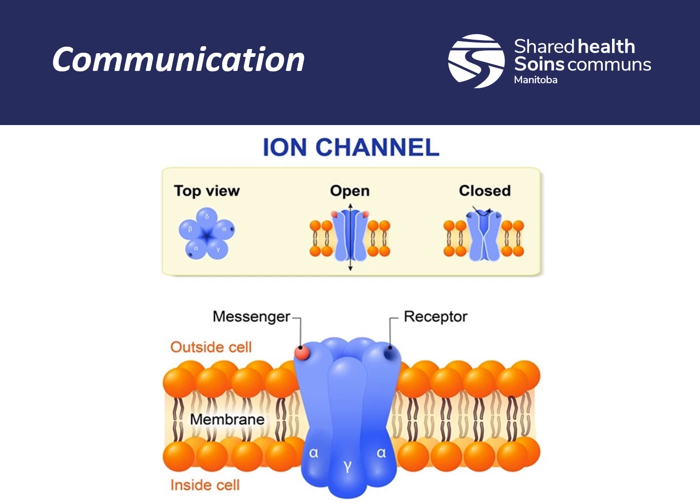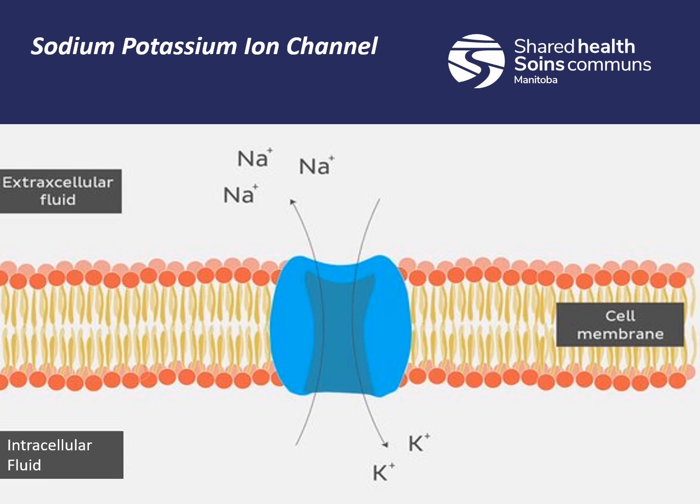They allow specific molecules such as ions, nutrients, wastes, and metabolic products to enter and exit the cell. This will help mediate cellular and extracellular activities. Ion channels are pore-forming membrane proteins that allow ions to pass through the channel pore. So why do we need to know this? So that we can discuss how potassium moves within the body fluid compartments, specifically by the sodium-potassium pump.